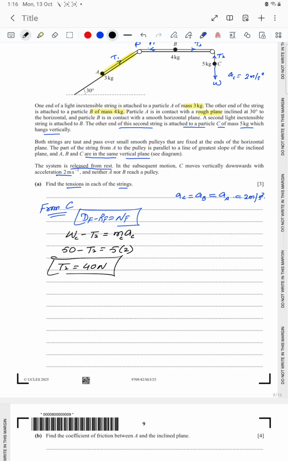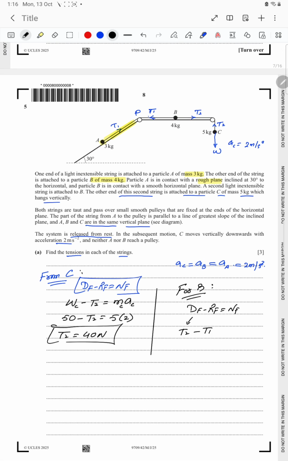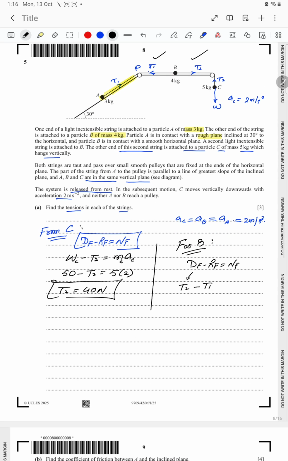Now if we go for particle B, on B we know the driven force minus resistive force is equal to net force, because B is also moving. So the driven force on B is T2, and the resistive force is T1. You can see here, this is T2 and this is T1 going in opposite directions, and net force is m_B a_B, as I already mentioned.